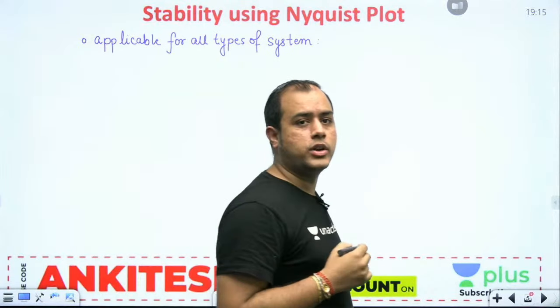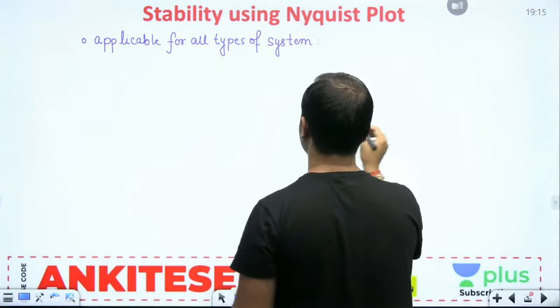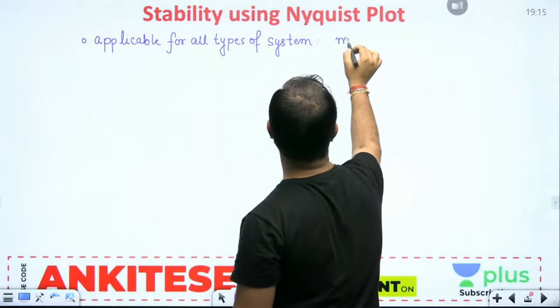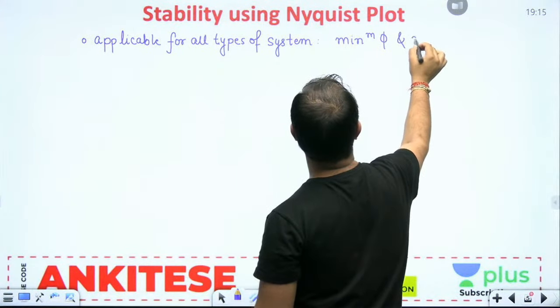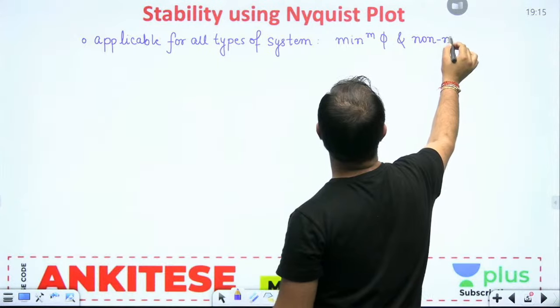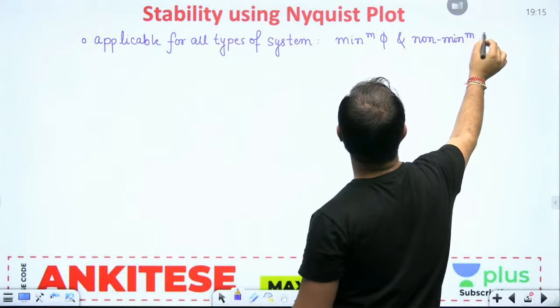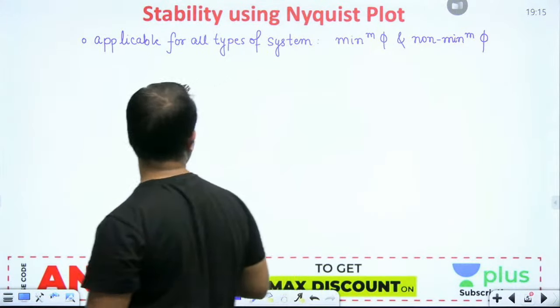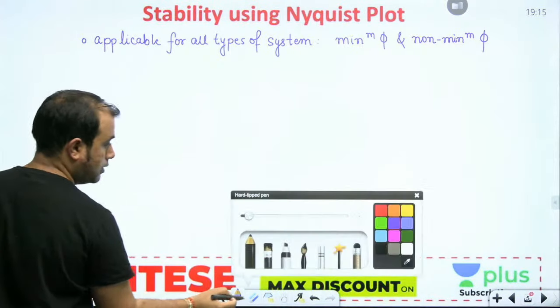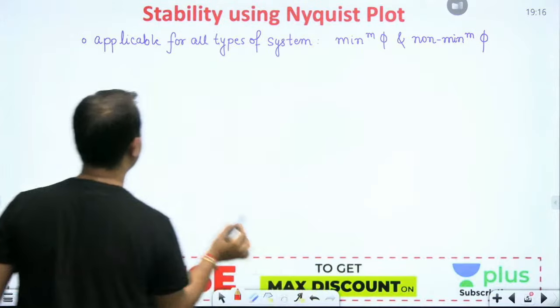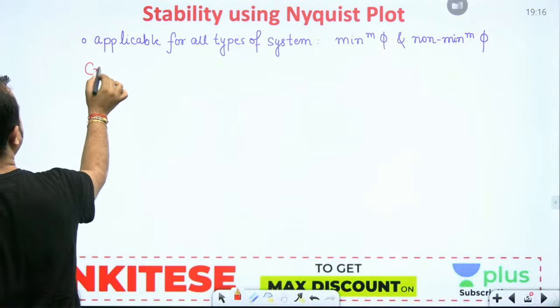Nyquist plot is also a universal criteria. That is, it is applicable for minimum phase and non-minimum phase. It is applicable for all type of system. Now, there are two criteria if you remember.